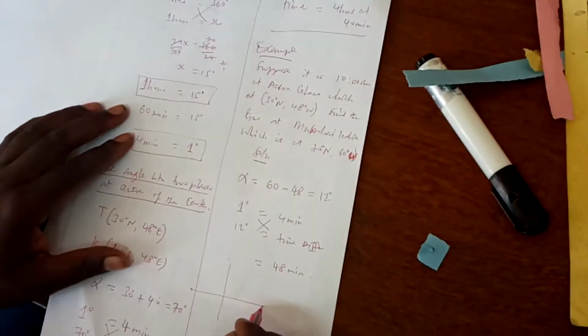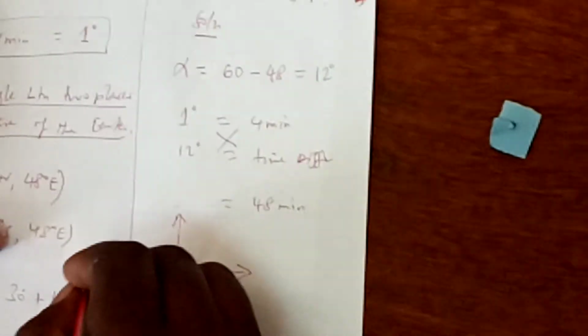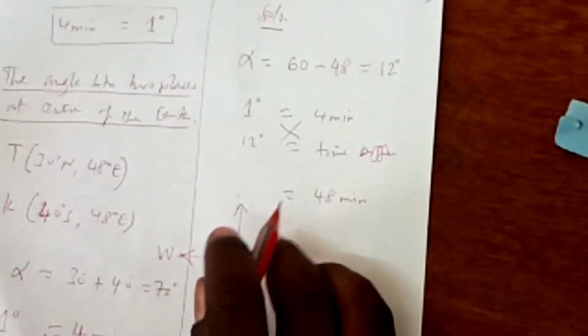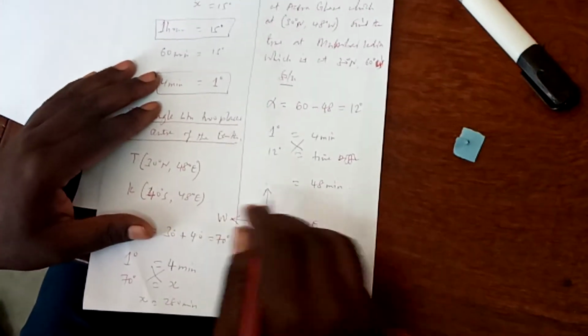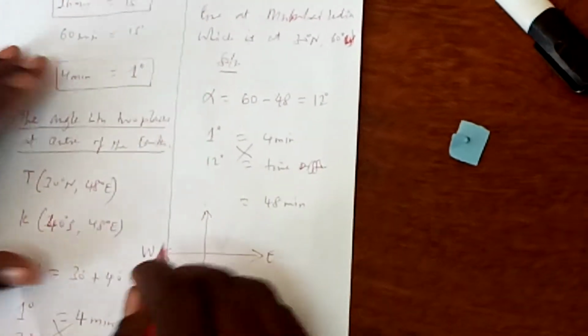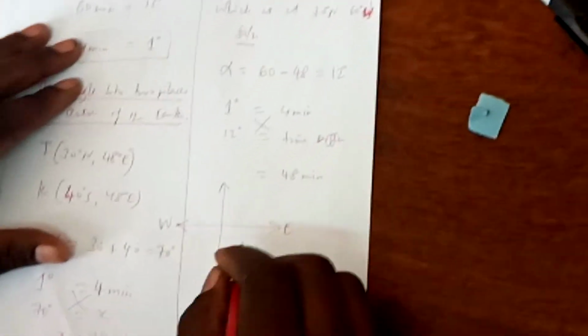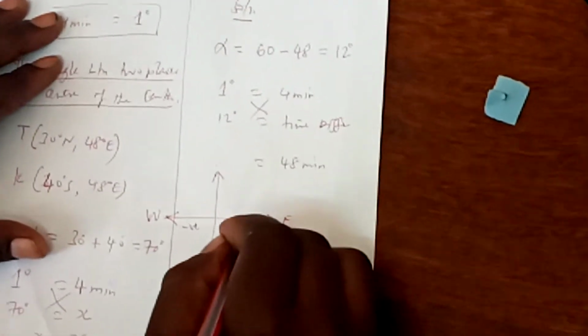Now if you draw a number line, west is on your left hand and east is on your right hand. In the number line, this is negative, and this is the positive direction.